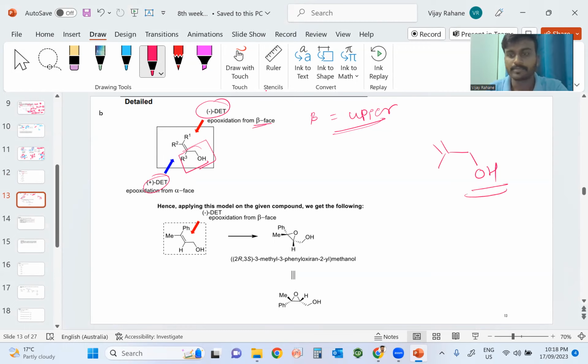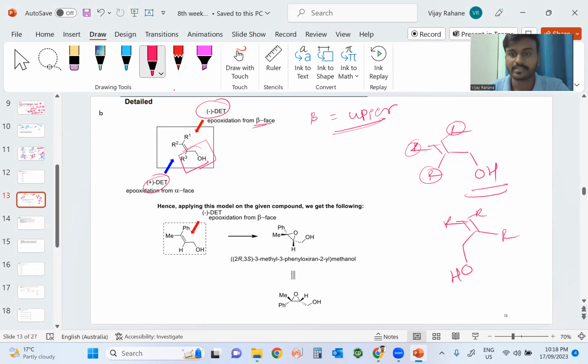So this is, as I have shown previously, a bottom right. So if you have the bottom right like this, and let's say if you have the bottom left, whether it's downside, upside, it doesn't matter. So any R group, anything. It doesn't matter which R group is present here, here, or here.